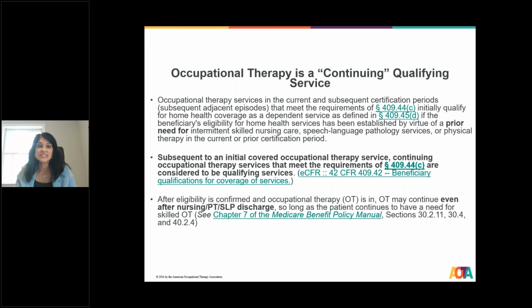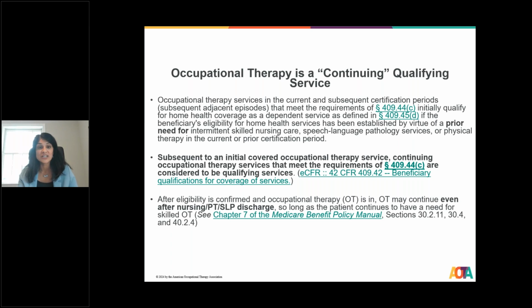Basically, what that means is, in order for occupational therapy to qualify for home health coverage, the beneficiary has to have occupational therapy established by virtue of a prior need for intermittent skilled nursing or speech language pathology services or physical therapy in a current or prior certification period. You can see the Code of Federal Regulations section 409 here that I would point you to for further information.